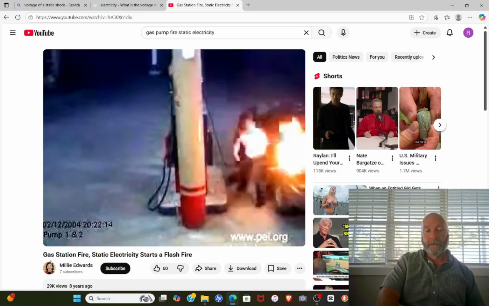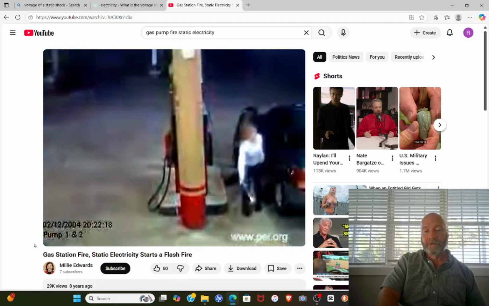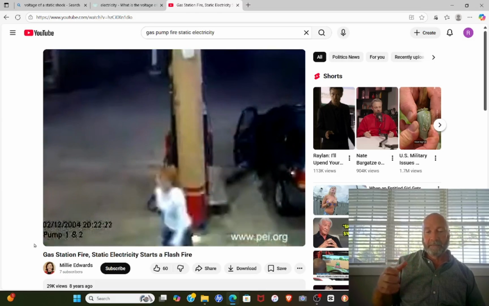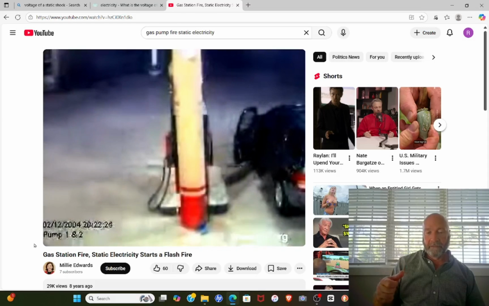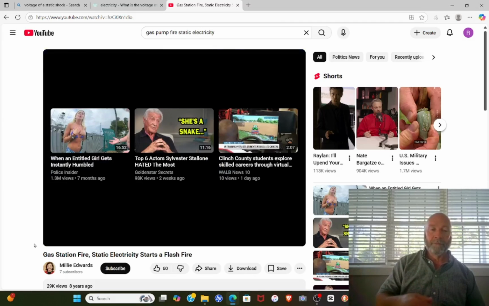And poof. Now watch what she does. She's calm enough. She reaches over there and she clicks the handle on the pump to stop the flow of gas going into her car, and then she could pull the pump out.